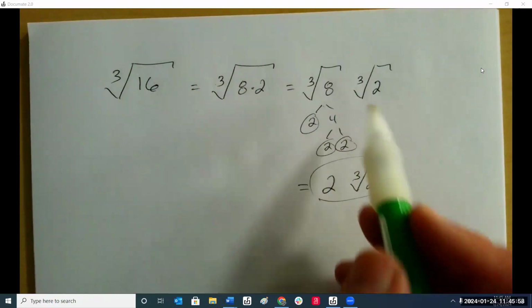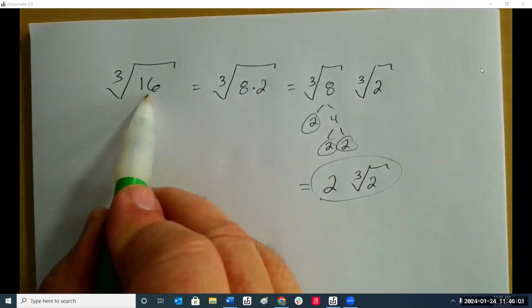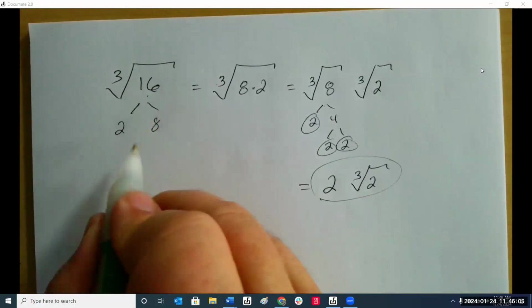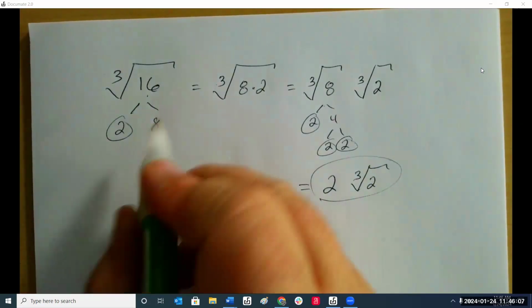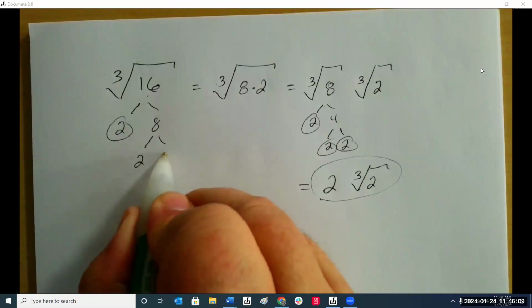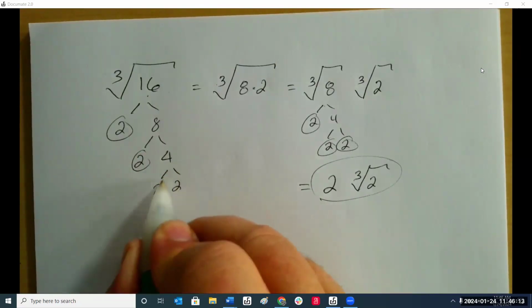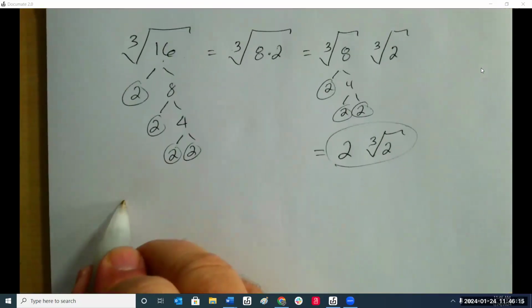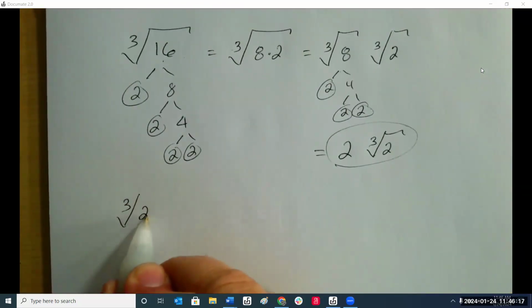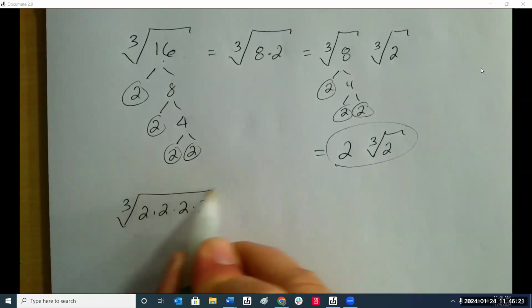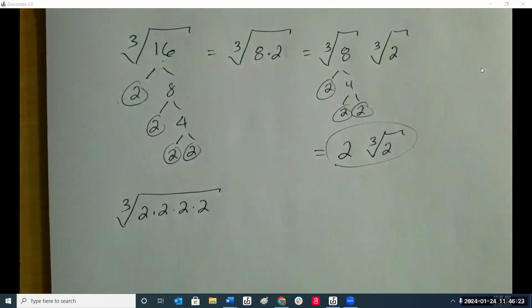Or instead of doing that, we could have just started over here. 16 is made up of 2 times 8. 2 is a prime number. 2 times 4. That's a prime number. So we have the cube root of 2 times 2 times 2 times 2. We have 4 2's.